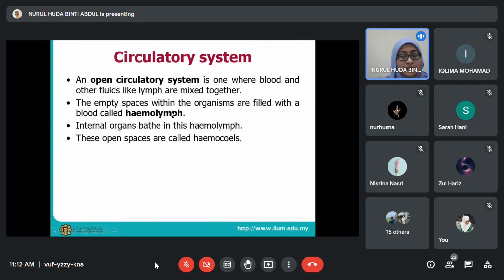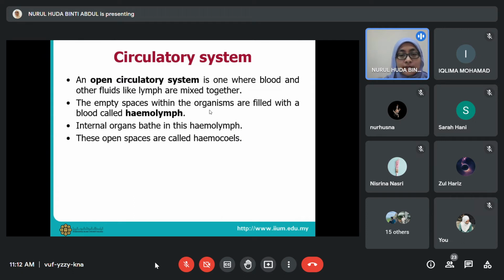So it's not called hemoglobin. No, this is hemolymph. All the types of fluid are already mixed together, including blood, so we call it hemolymph. This hemolymph is filled throughout the body in empty space.